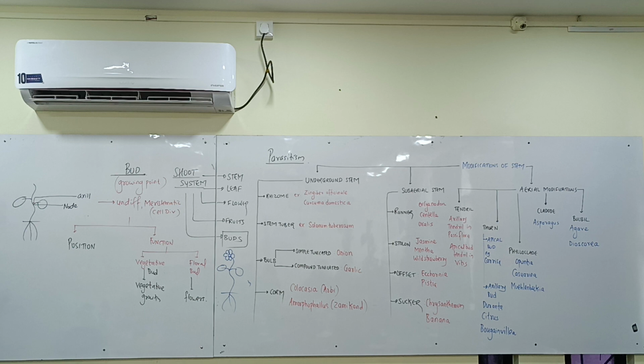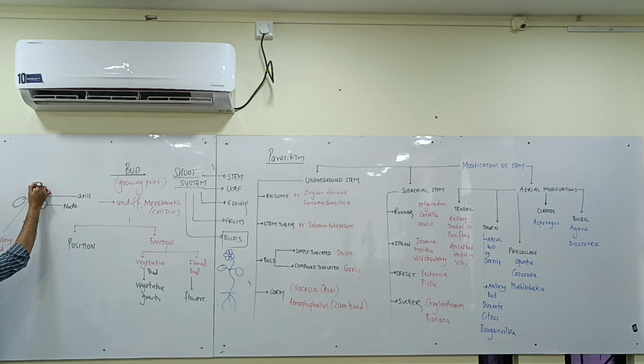And if the bud is located in the axil, the bud is called an axillary bud. Okay? So what's an axillary bud? The bud located in the axil is called an axillary bud. Understood, everybody?